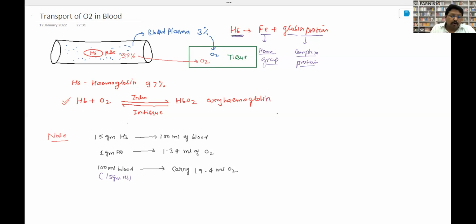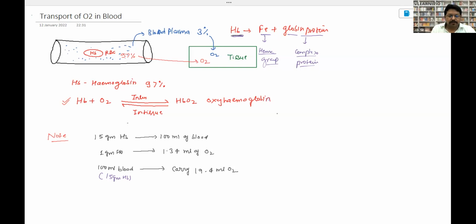So 100 ml of blood contains 15 gram of hemoglobin. 1 gram of hemoglobin transports 1.34 ml of oxygen. 100 ml blood means 15 gram of hemoglobin. 100 ml blood carries 19.4 ml of oxygen. Please note down this data. This is important.